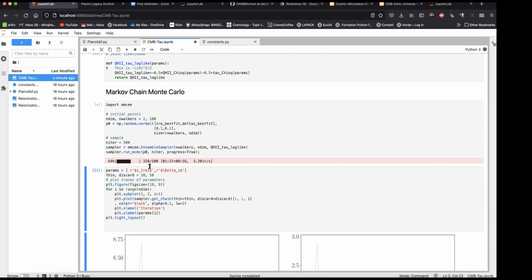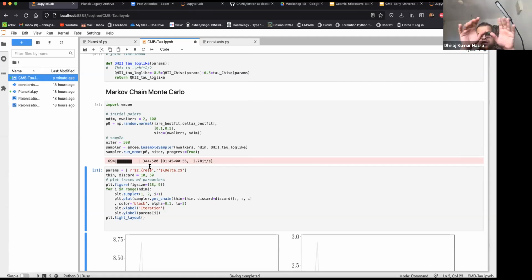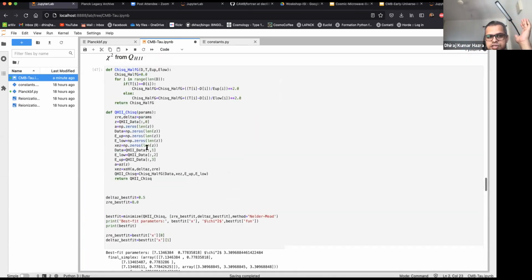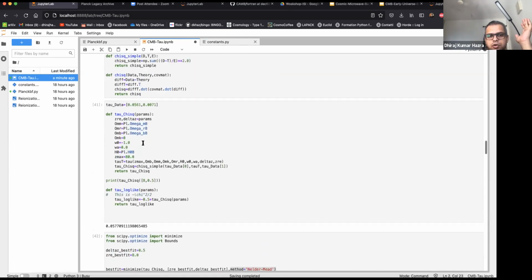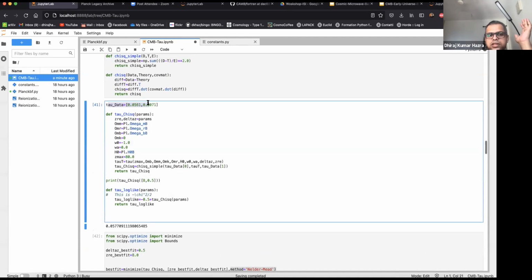Sir, will we get this likelihood for all the parameters for CMB fitting, or only for tau you are doing here? No. Tau is already constrained with CMB. I'm just trying to show you a Markov chain Monte Carlo process where I am using the tau that is already constrained by CMB, with a mean value of 0.0561 and an error bar of 0.0071.